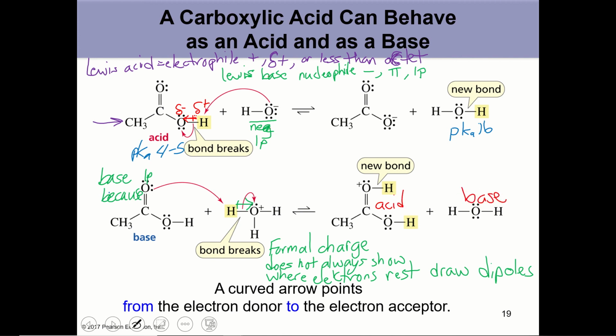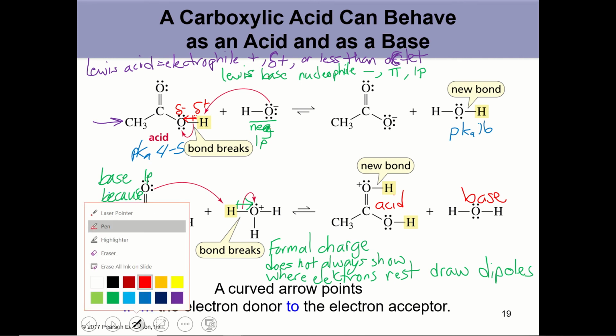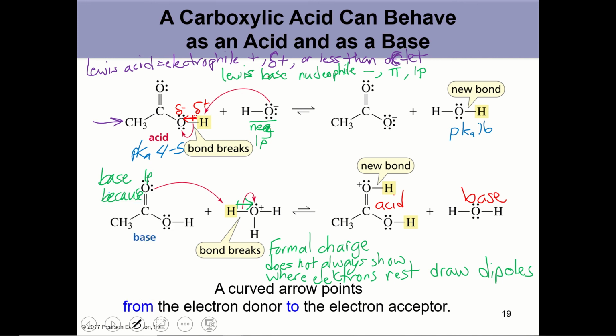And then determining which side of the reaction is favored, we can consider pKa, where protonated water has a pKa of approximately -1. And the protonated carboxylic acid, according to the text, has a pKa of approximately -6.